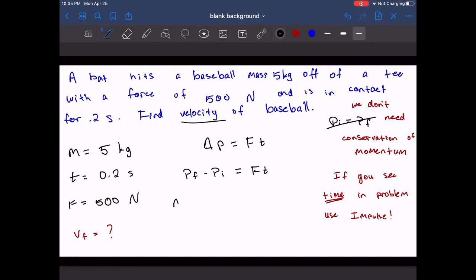Here, I'll start you off. What's the rest of it? Oh, MVF equals... MVF minus PI. I mean, I didn't change this yet, but what is that equal to?